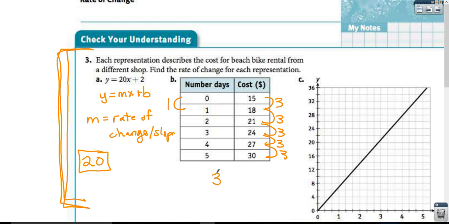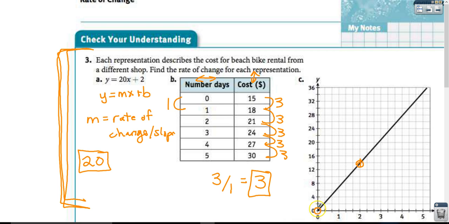Our cost is always going to be our vertical. Our number of days is always our horizontal. Pretty much assume that your first number is always x. So 3 over 1, which is the same as 3. Over here, we're going to do our little triangle. Remember, we're going to pick nice points that are on an intersection, traveling on my line till I find one. Here's one.